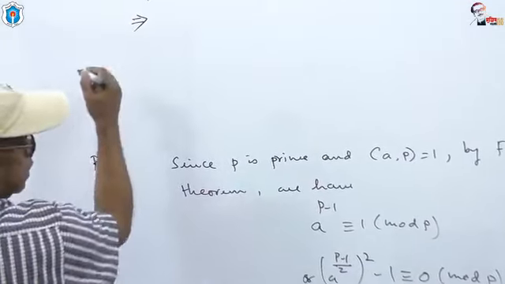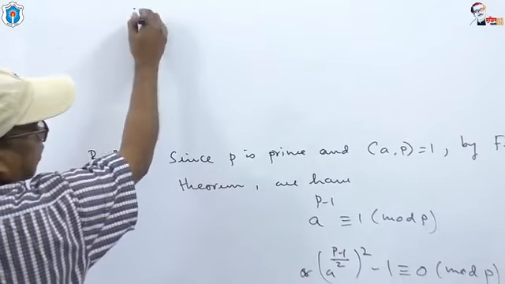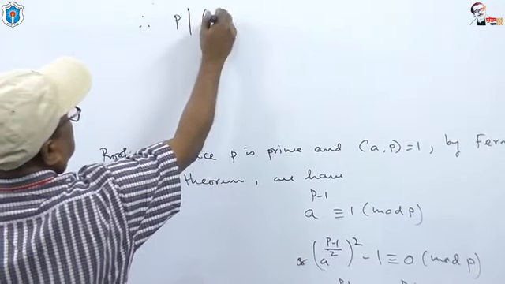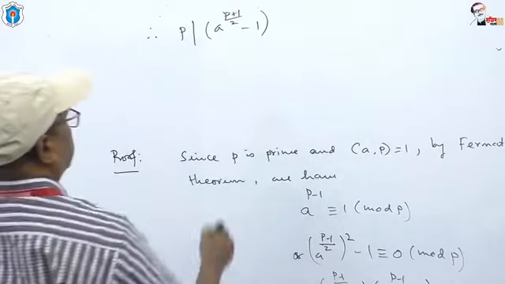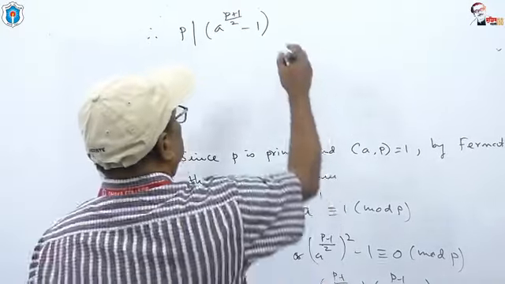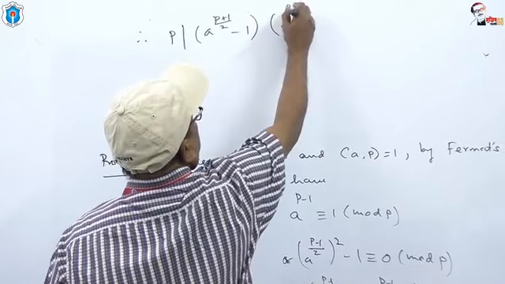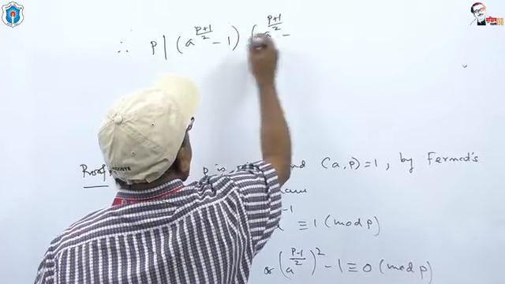This implies that p divides a to the power (p plus 1)/2 by definition of linear congruence.